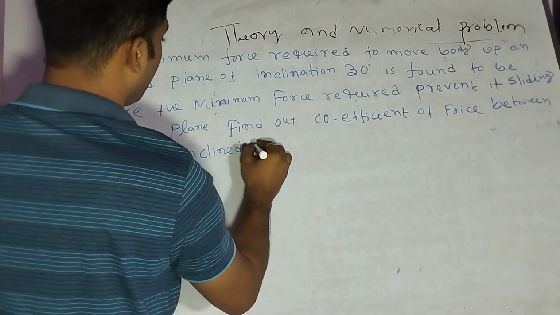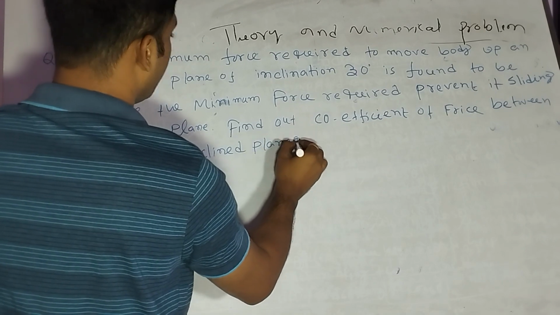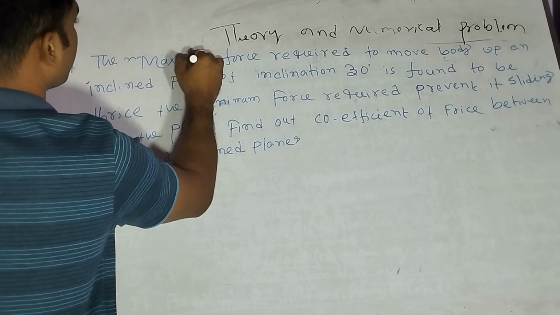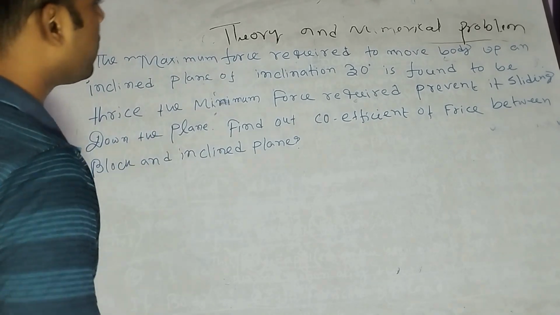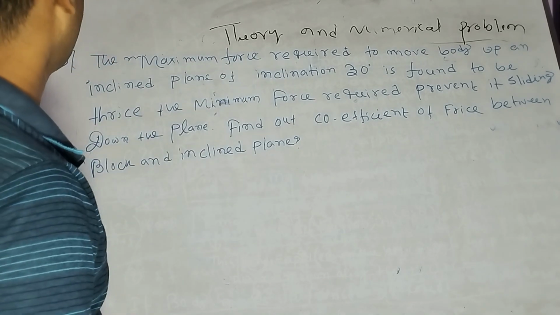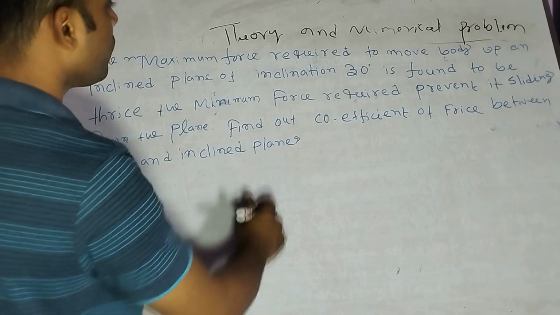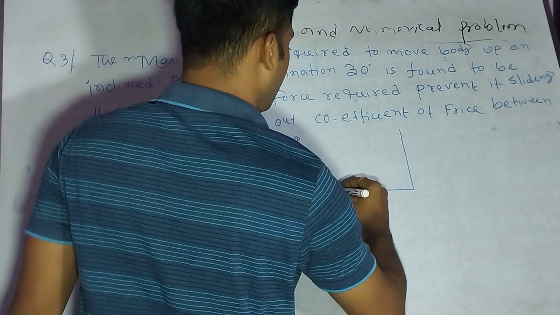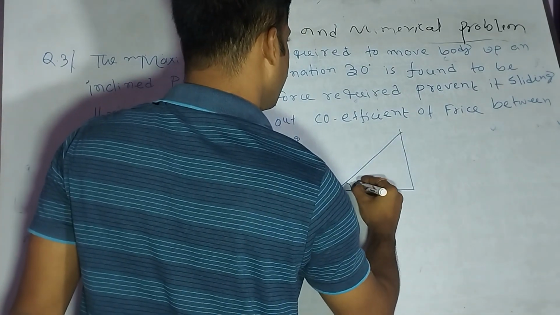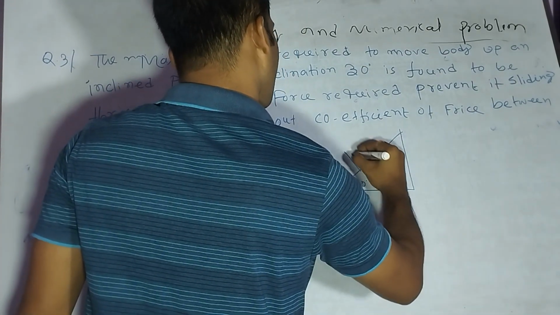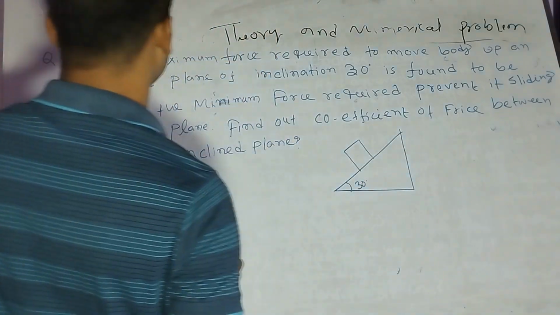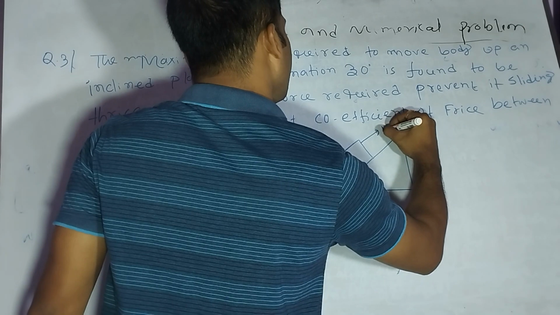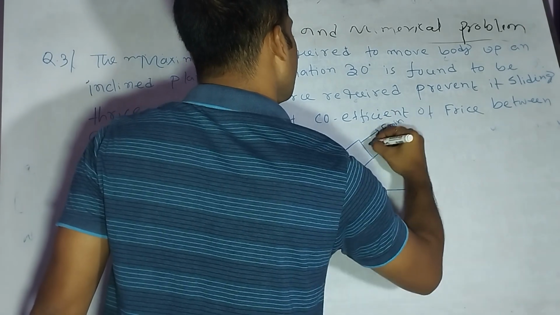What is the question? The maximum force required to move the body up an inclined plane of inclination 30 degrees. This is the inclined plane, the inclination angle is 30 degrees, and the block is kept on the inclined plane. Two forces are applied, F min and F max.